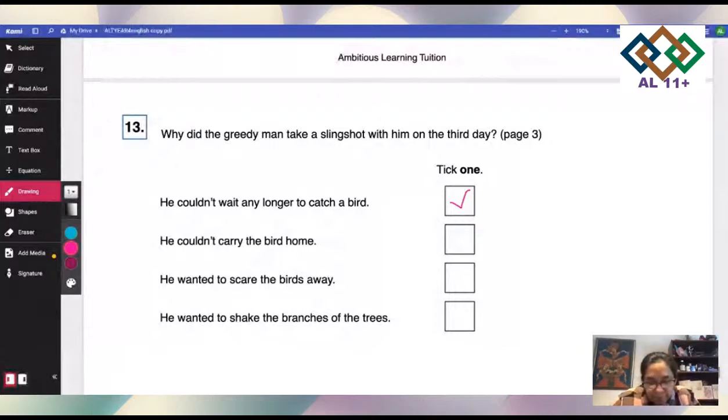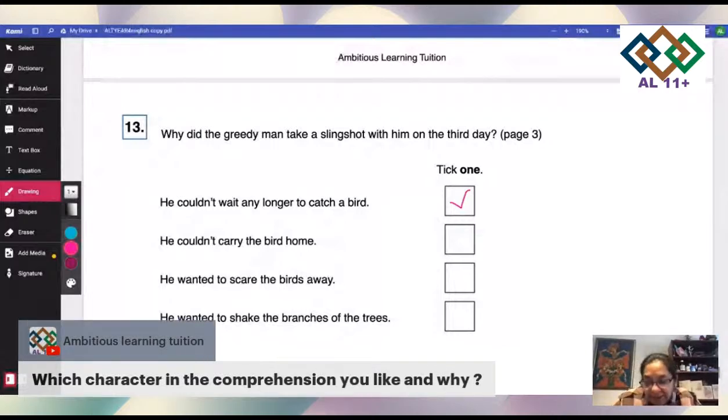Okay, I'm going to put a question on the screen for you guys. Let me see if you know the answer for that. Which character in the comprehension do you like and why? So you need to give me a reason: which character do you like and why do you like that character. It was very funny.